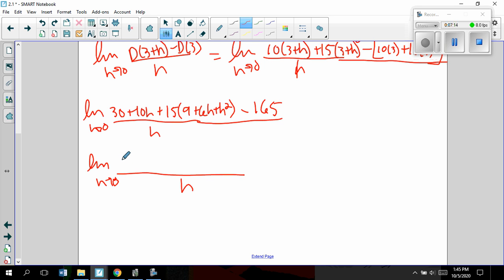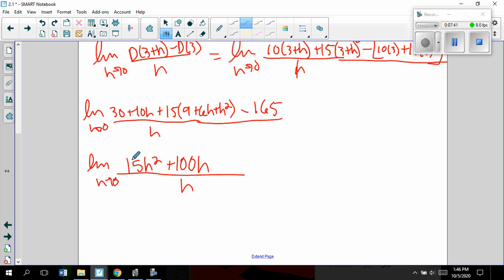Okay, so if I do some combining here, I'm going to distribute in, so I would get a 15h squared. I would have a 90h and then 10 more, so I'd have 100h. Now if I do 30 and then 15 times 9 minus 165, that actually is 0, so it's 165 minus 165, so I would just have that.